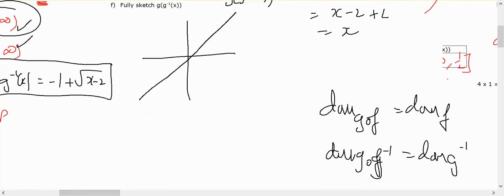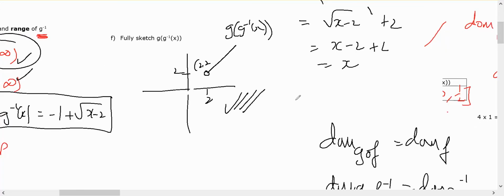Therefore, my graph is in actual fact going to have a domain of 2 to infinity, and it's going to look like that. And that's for the complete 2 marks.